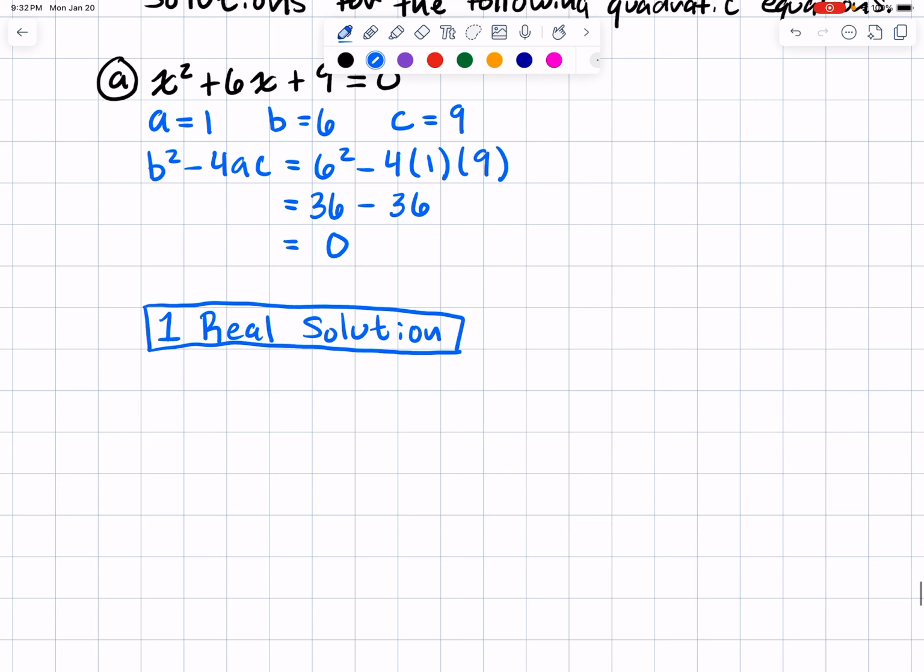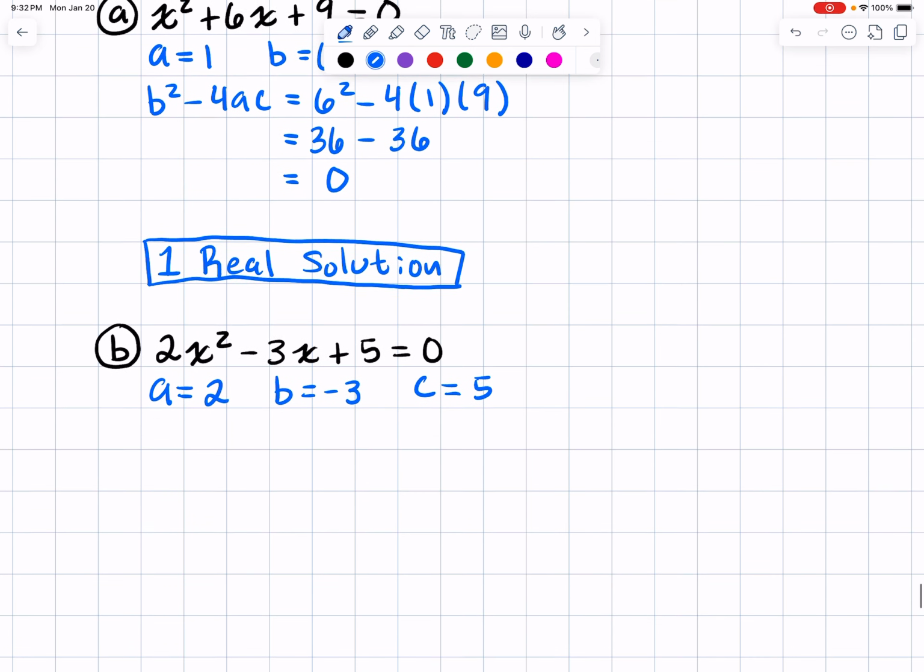Okay, part B. We have 2x squared minus 3x plus 5 equals 0. So again, let's figure out what A, B, and C are. A is 2, B is -3, and C is 5. So let's plug it in.